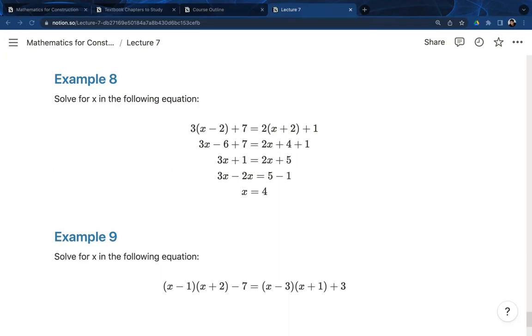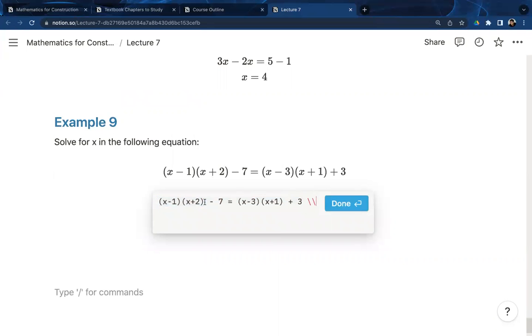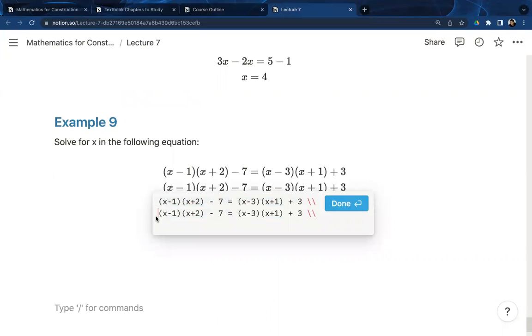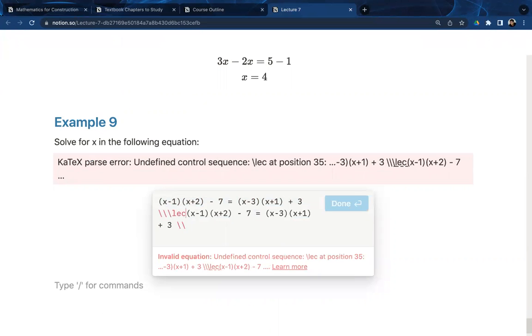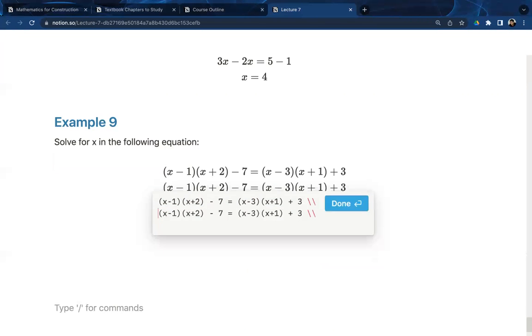You might have to put square brackets around it to simplify your work. Like you could probably write it like this.